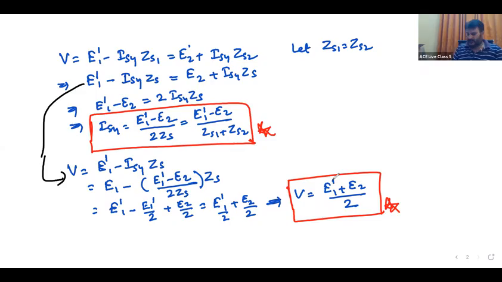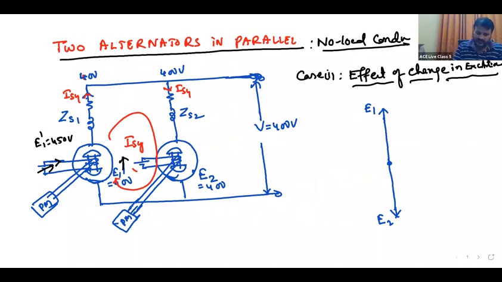So, the conclusion is, listen. This equation is clear, no? When the excitation of any one machine increases, if I am increasing the excitation of the first machine, the terminal voltage will increase. The terminal voltage is not fixed at 400; it is also going to increase.